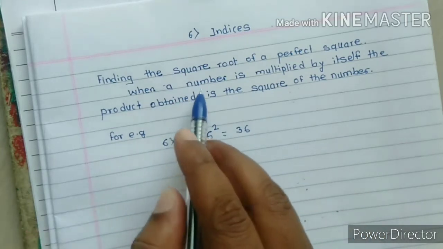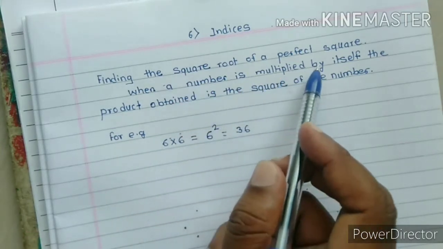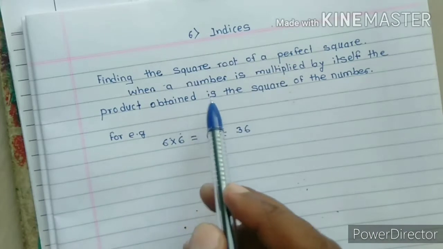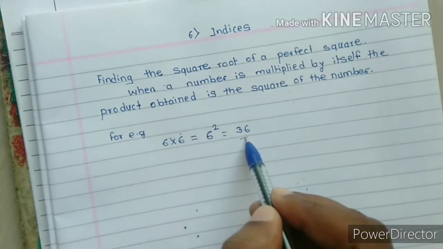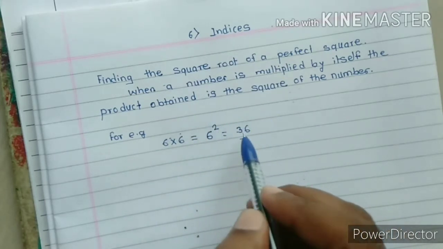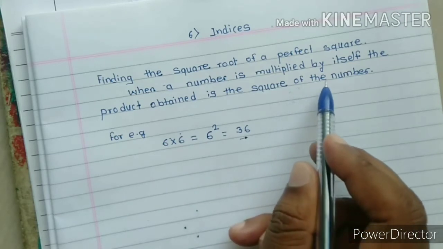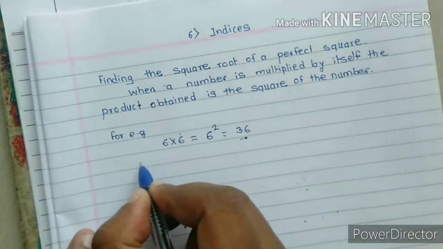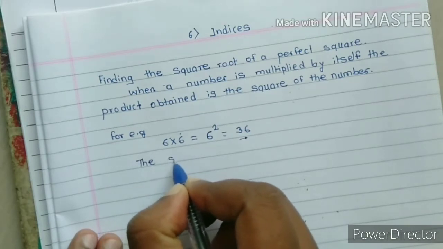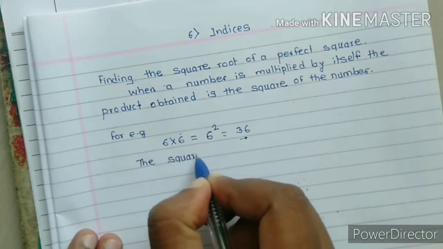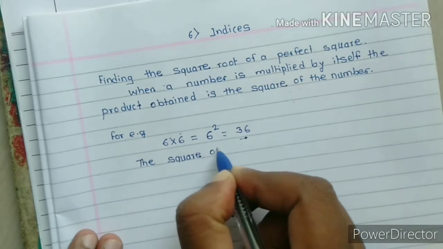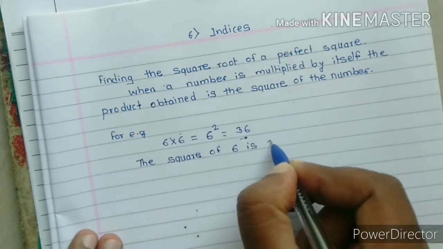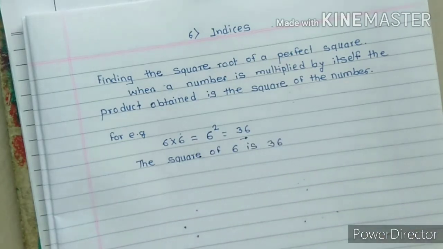Therefore, when a number is multiplied by itself, the product obtained is the square of the number, that is the square of 6 is 36.